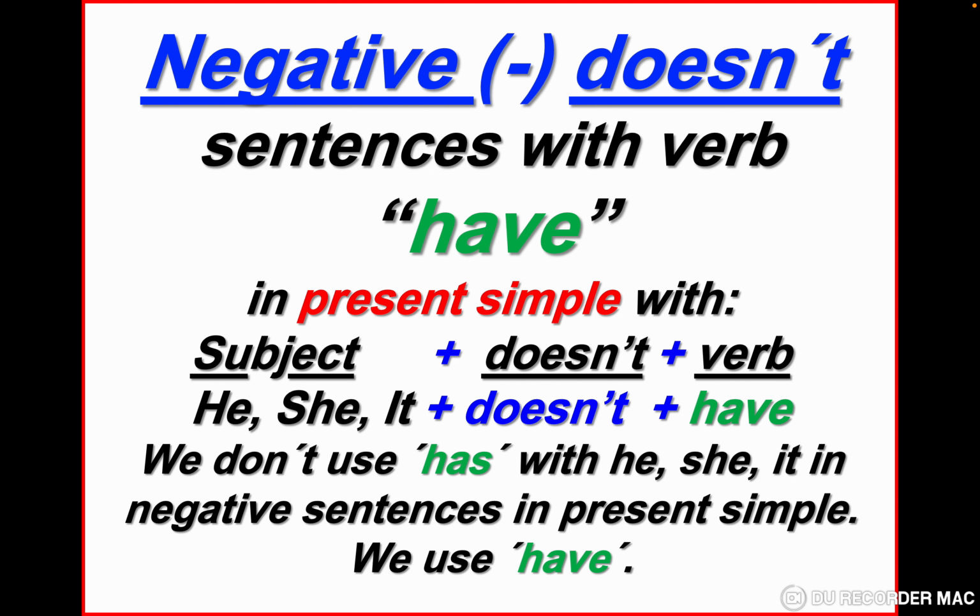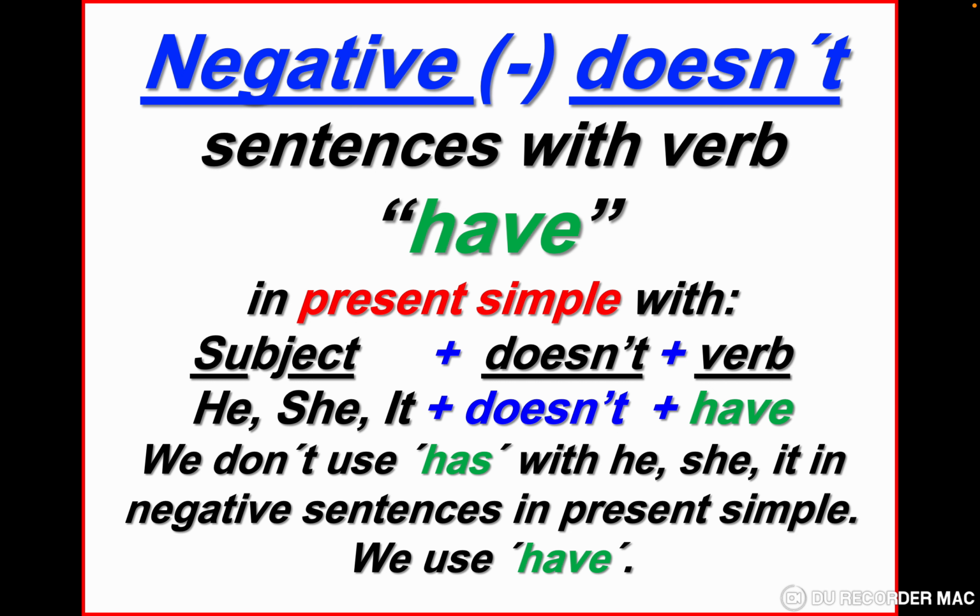Plus verb have. In the negative form, we don't have has, we have just have, because we have doesn't. So he doesn't have, she doesn't have, it doesn't have. We don't use has with he, she, it in negative sentences in present simple, we use have.